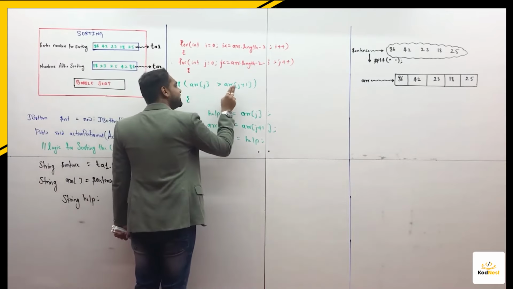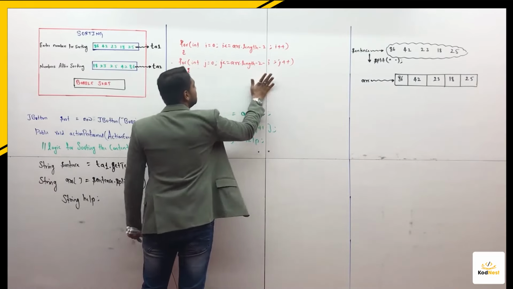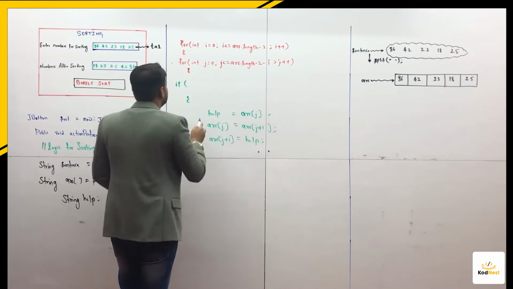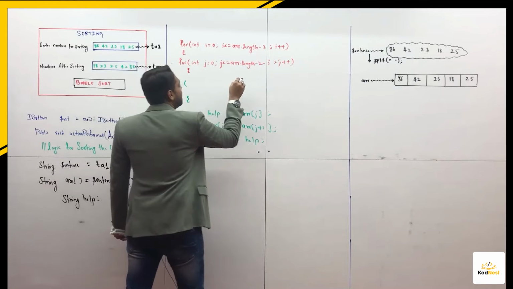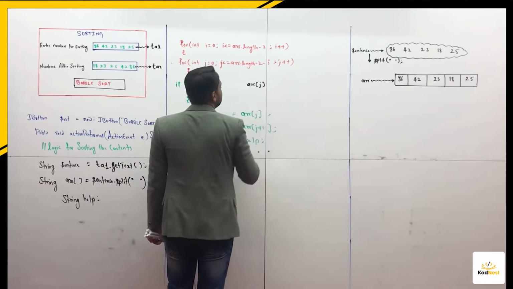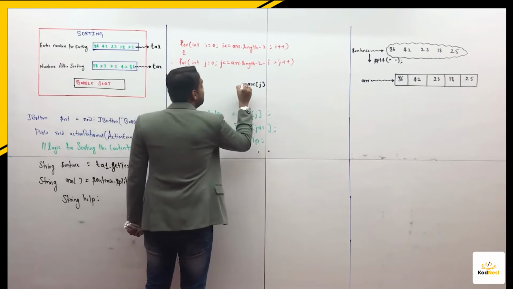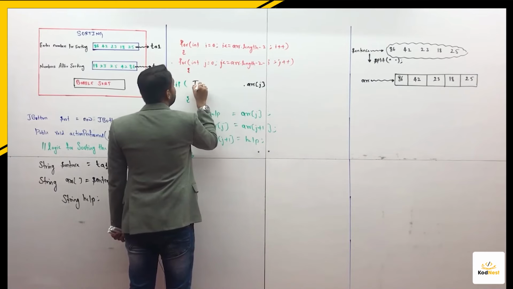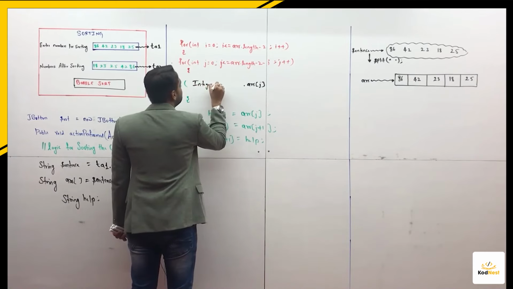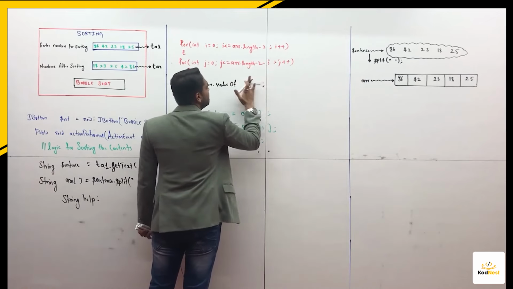Array of j is greater than array of j plus 1 only, you have to check. But before checking, do this. Look, whatever you have in array of j, it is in string format. Take the integer value of that array of j.